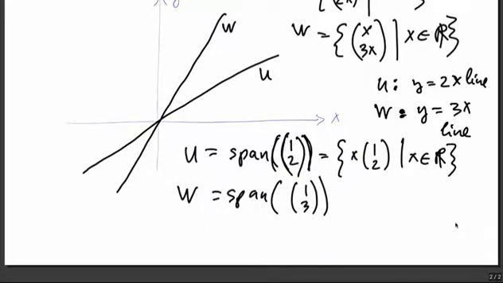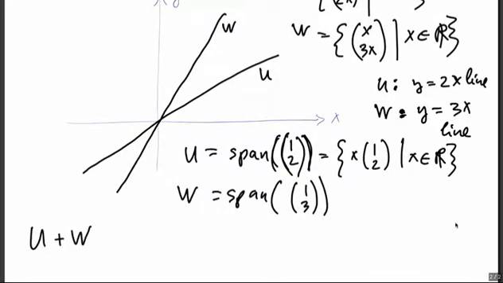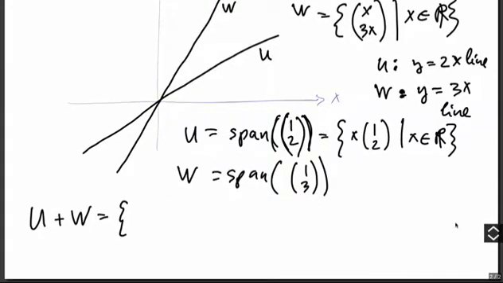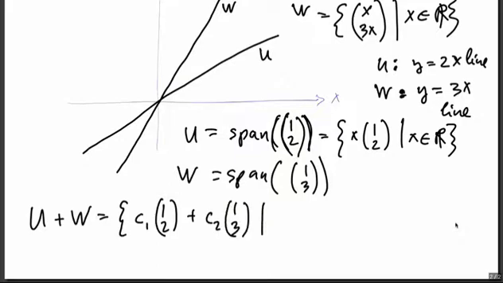Now if we want to add together these two subspaces, please look up again the definition of how to add together subspaces. The definition was that it's all the possible linear combinations of the vectors in U, for example c1 times (1, 2), plus vectors from W, let's say c2 times (1, 3), where c1 and c2 are real numbers, because we look at the real scalar field.